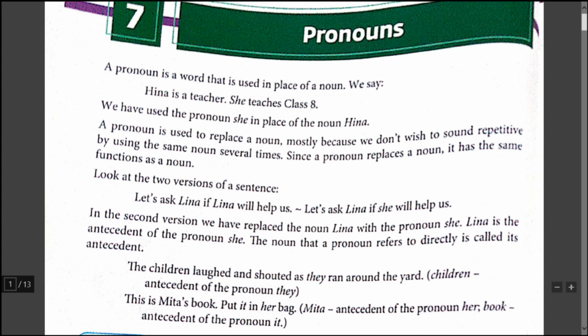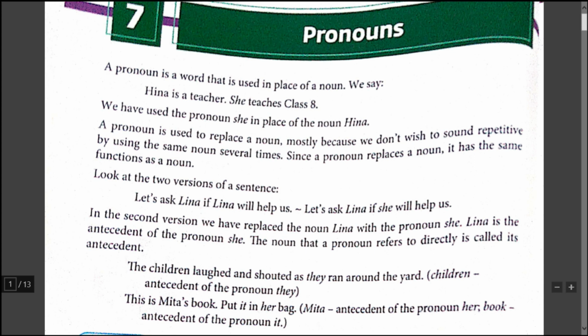In the second version, students, we have replaced the noun Lena with the pronoun she. Lena is the antecedent of the pronoun she. Means what? Lena refers to she. Here, the noun that a pronoun refers to directly is called its antecedent.